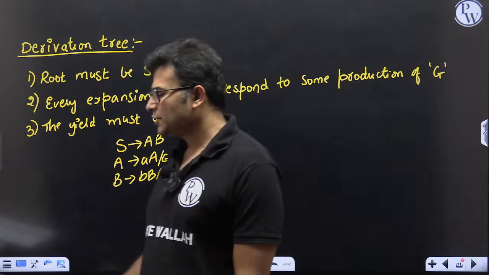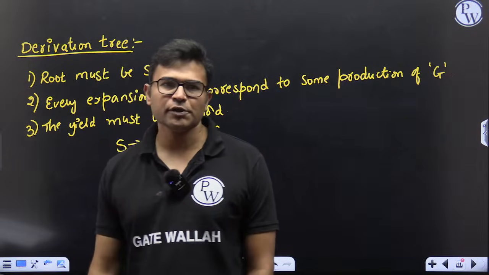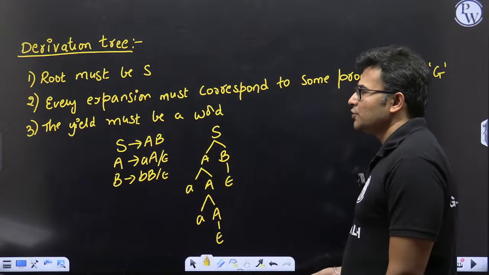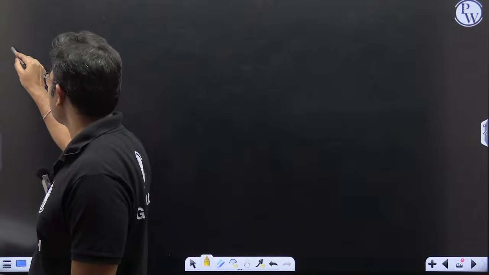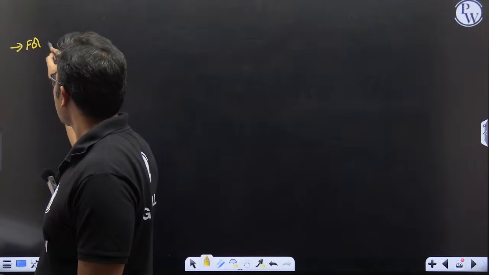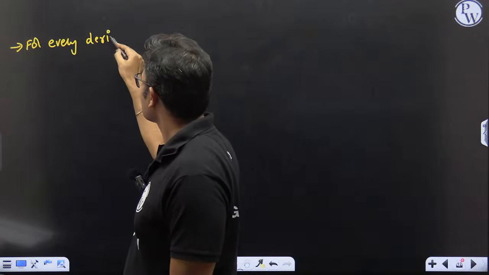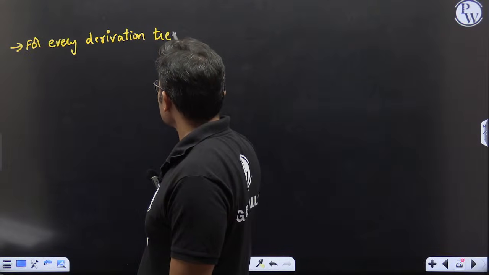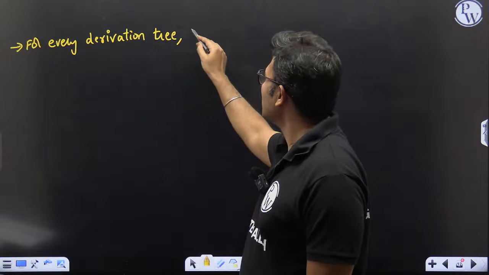Now what is the relationship between leftmost derivation, rightmost derivation and the derivation tree?